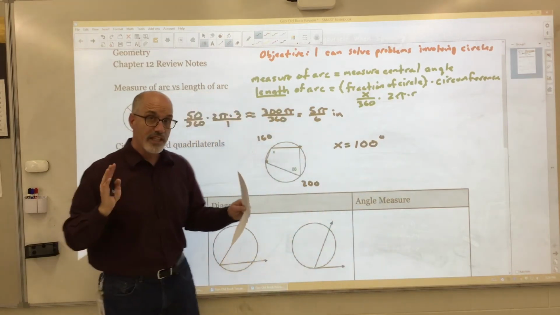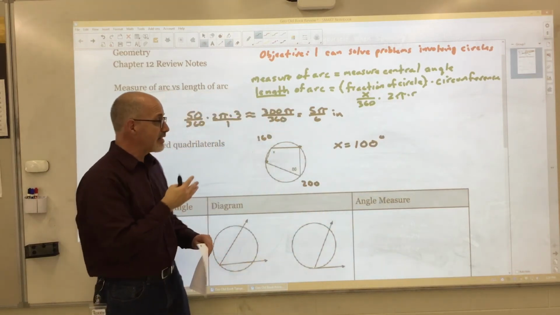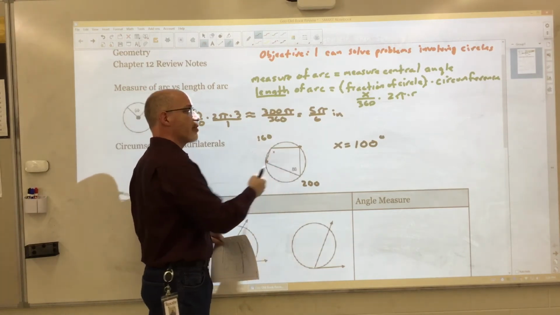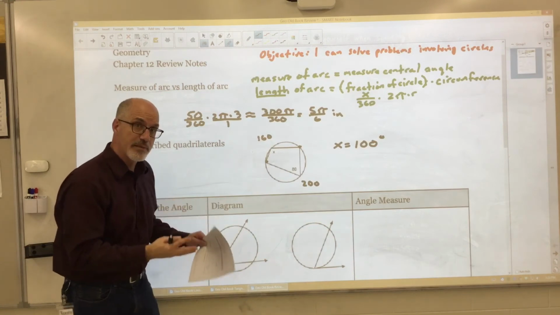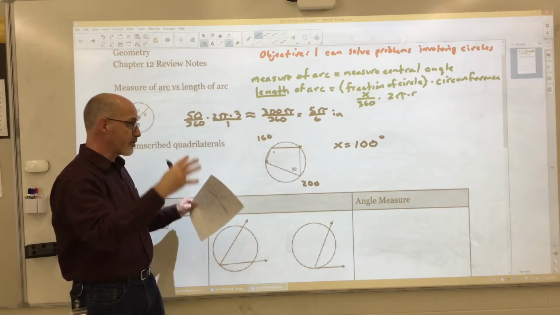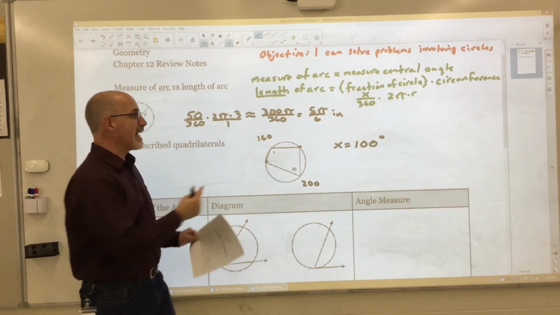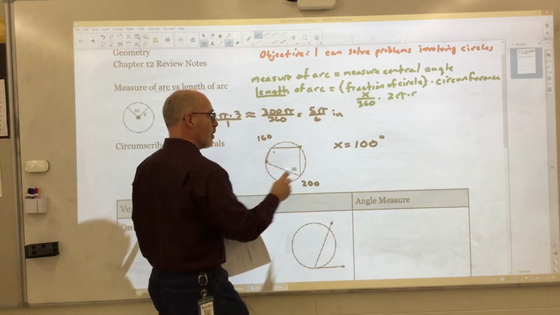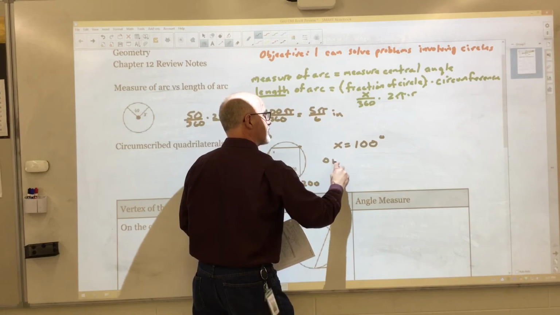Now, here's a shortcut. That's the way we reason it through with what we know. If you have this quadrilateral that's inscribed inside the circle, so the circle's circumscribed around it, the opposite angles are supplementary.